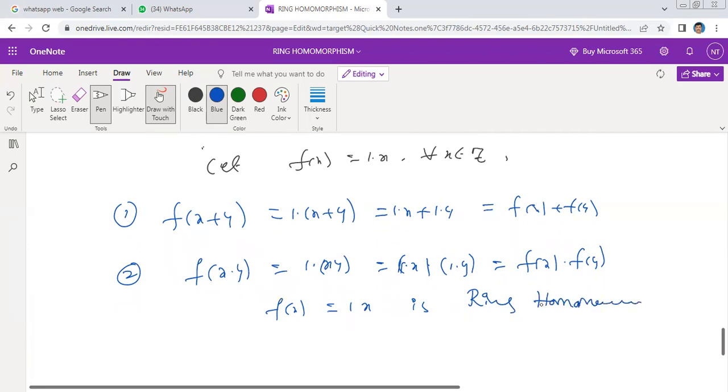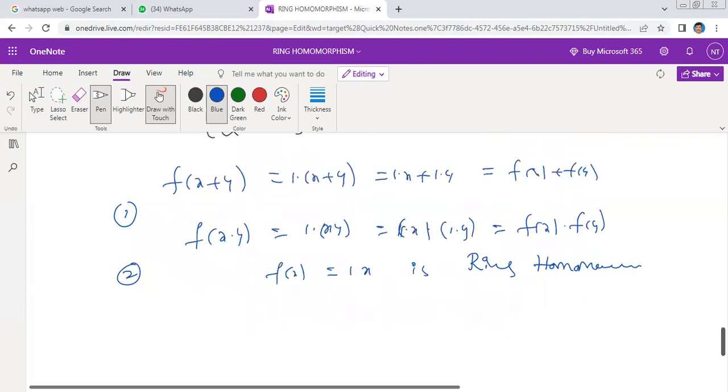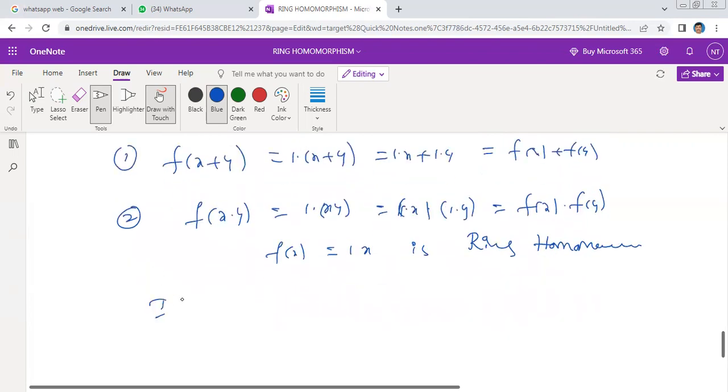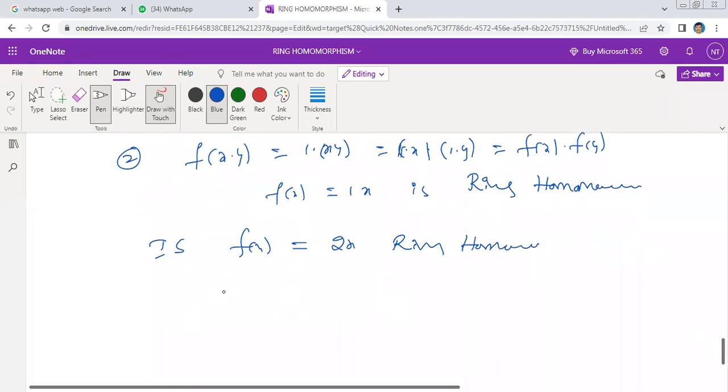Is f of x equal to 2x a ring homomorphism? No, sir. The second property fails.